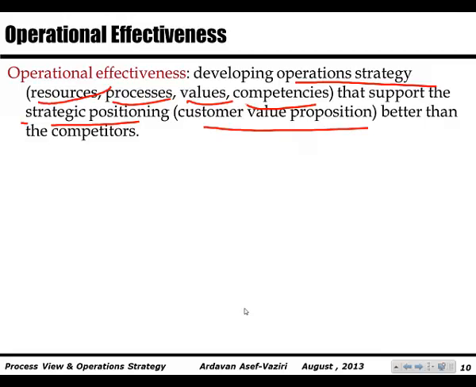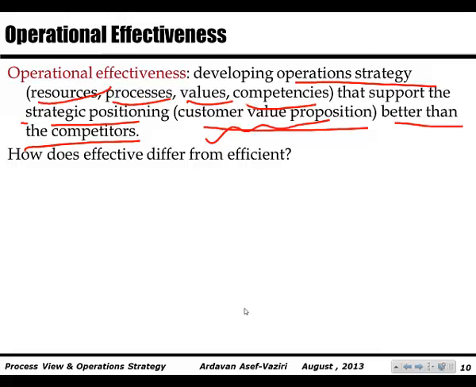You have processes in place, resources in place, value system in place, competencies, cost, quality, flexibility, and time in place, which supports our customer value proposition better than that of our competitors.